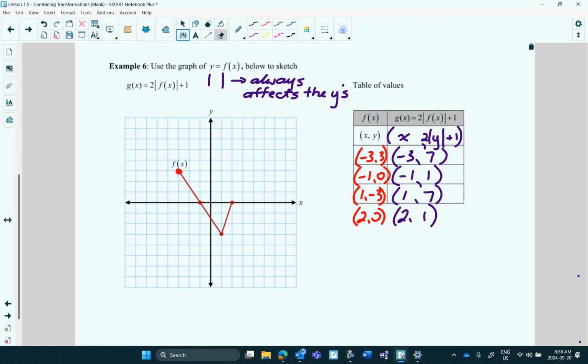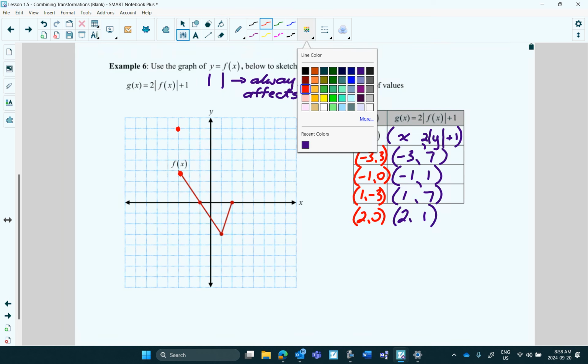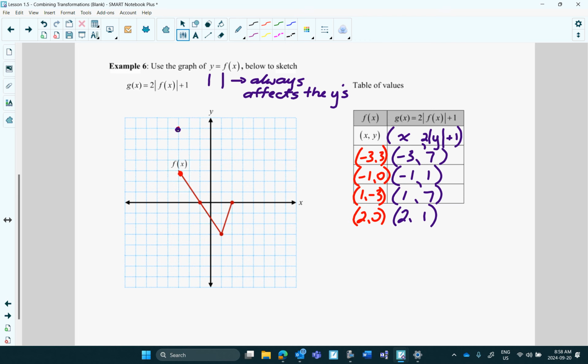Connect as you go. Remember, this one has the arrowhead on it. So this one becomes negative 3, 7, and it has the arrow.